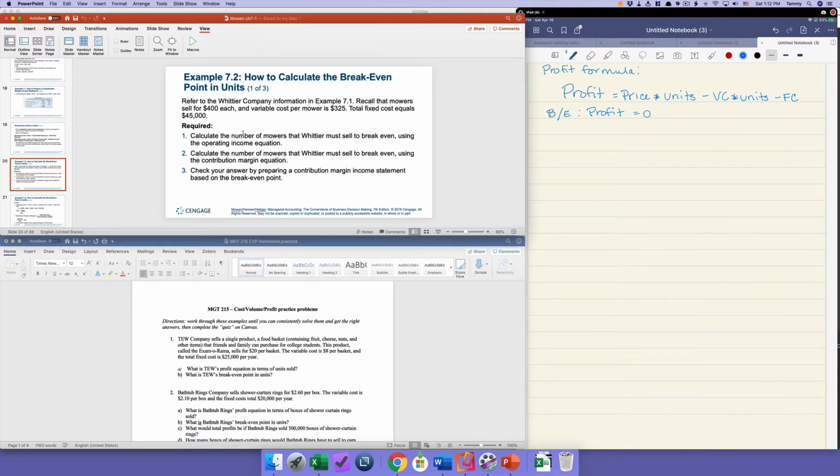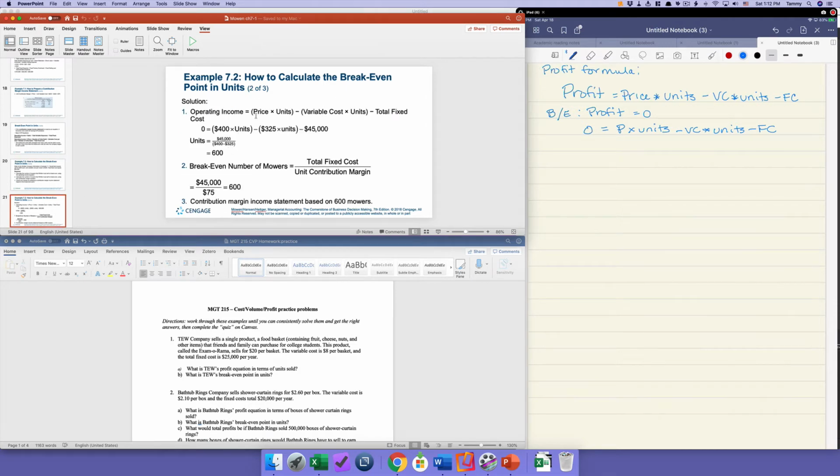So the way that you would calculate any break-even point, you'd say 0 equals price times units minus variable cost times units minus fixed cost, right?